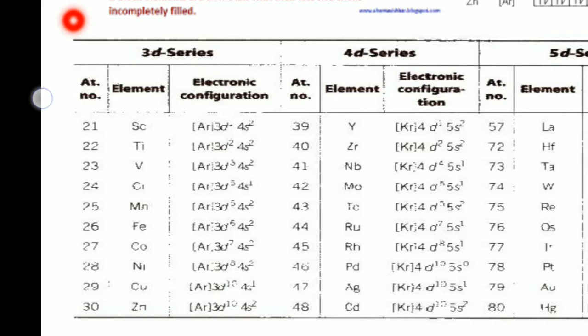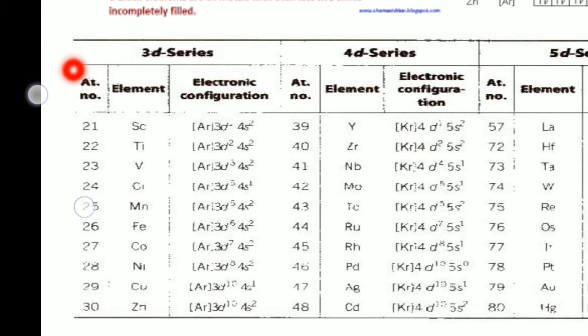In them, the electronic configuration of chromium is 3d5 4s1, whereas manganese has 3d5 4s2, and copper has the electronic configuration 3d10 4s1.